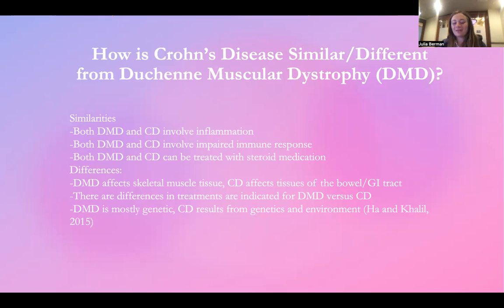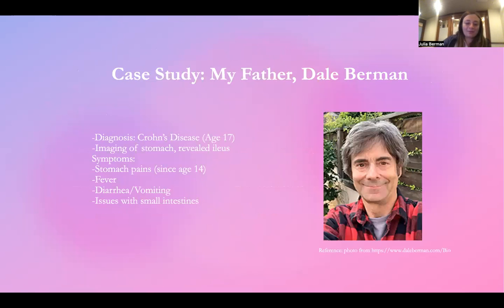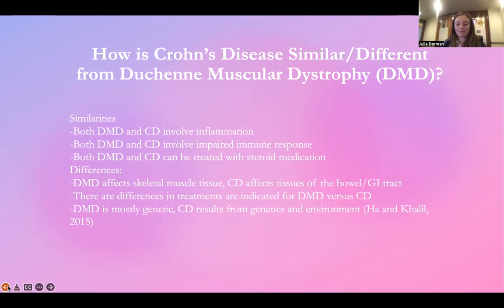It's an X-linked disorder, which is inherited from the parents, more common in boys because they only have one X chromosome, while girls and women have two. Whilst Crohn's disease has a weak association with genetics and a larger environmental component.